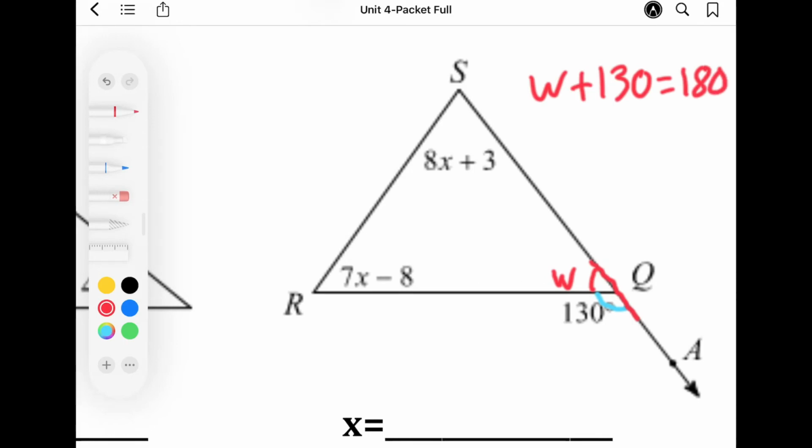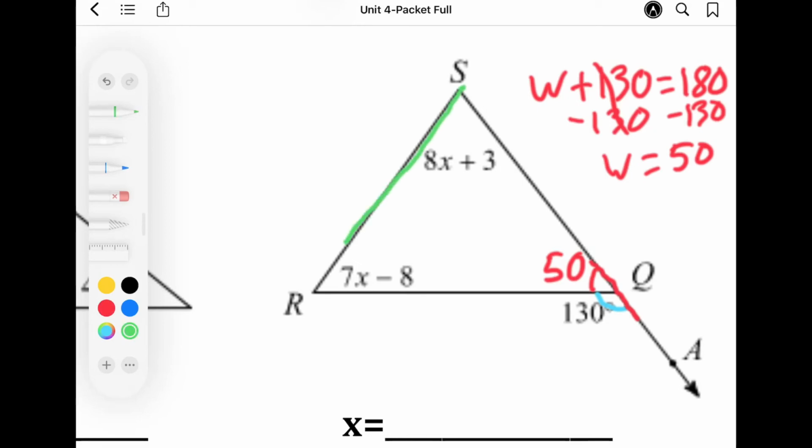Then we're going to get W by itself, so subtract 130 from both sides, and W gives us 50. So this inside angle is 50 degrees. Now, we're only worried about the inside angles of the triangle.